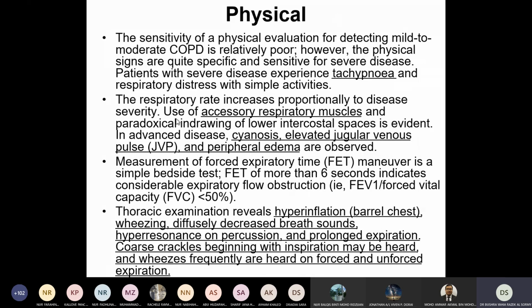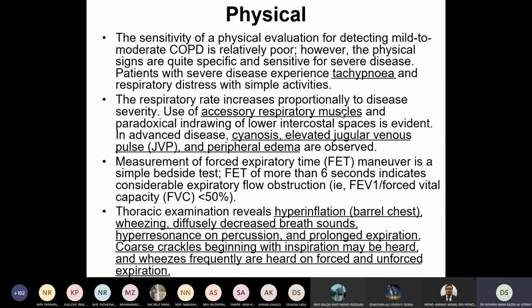So in physical examination, the physical signs are quite specific and sensitive for severe disease. Patients with severe disease have tachypnea and respiratory distress. Usually you can see the patient using the accessory muscles, and you can also see cyanosis and elevated jugular venous pulse.